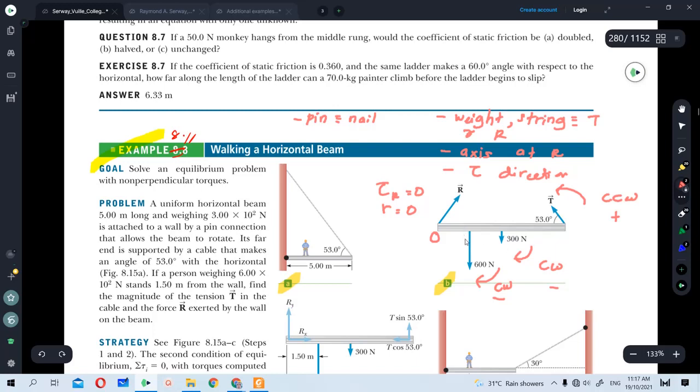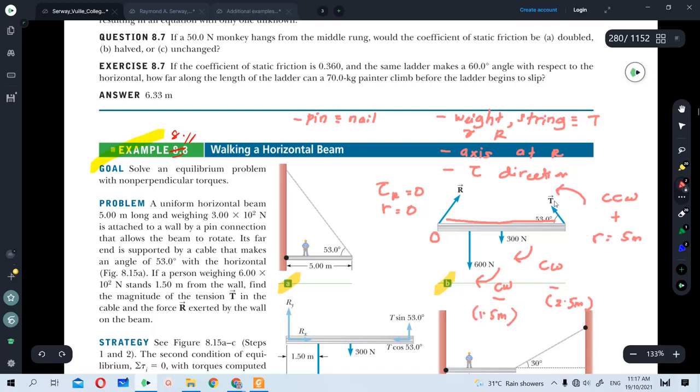Now, before we proceed, let's double check the distances. The lever arm, the R for tension, should be equivalent to 5 meter. The weight of the beam itself should be 2.5 meter. And the man should be 1.5 meter.